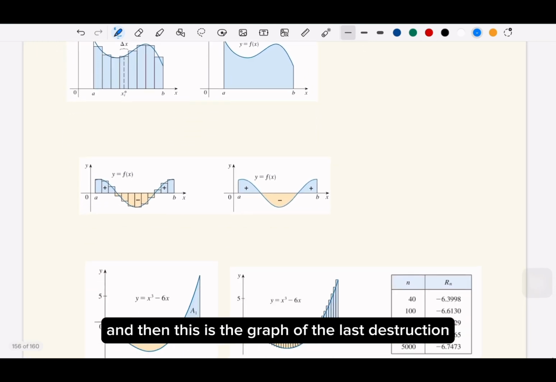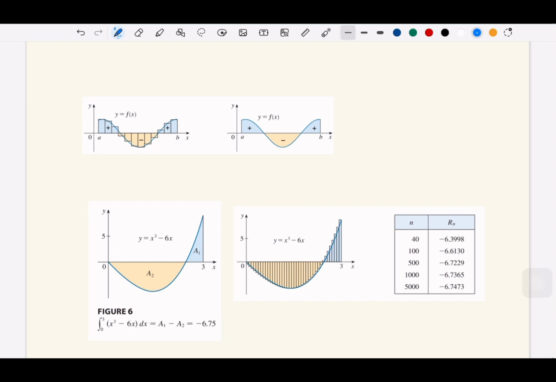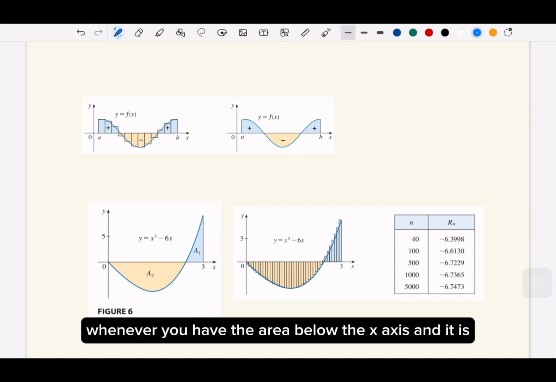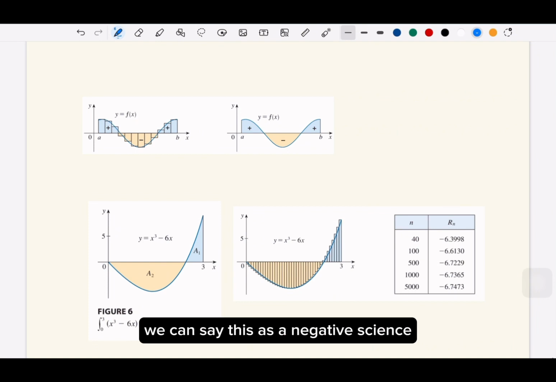And then this is the graph of the last discussion, which we can see that the area down here is bigger, which means it's getting the negative result. In general, whenever you have the area below the x-axis, under the curve, we can take this as a negative sign.